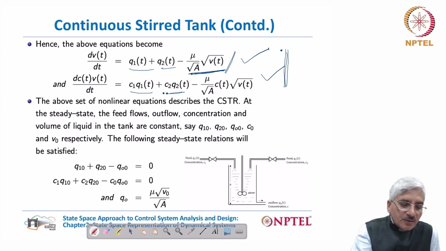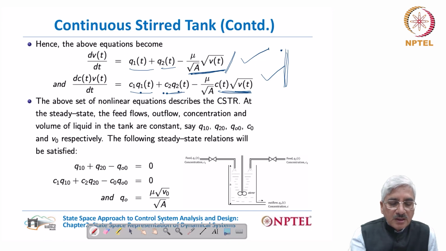And the other quantity, which is C times V, its time rate of change again depends upon the C into V and the two feed rates, Q1 and Q2, multiplied respectively by C1 and C2. So these are basically the system equations, the dynamical equations.